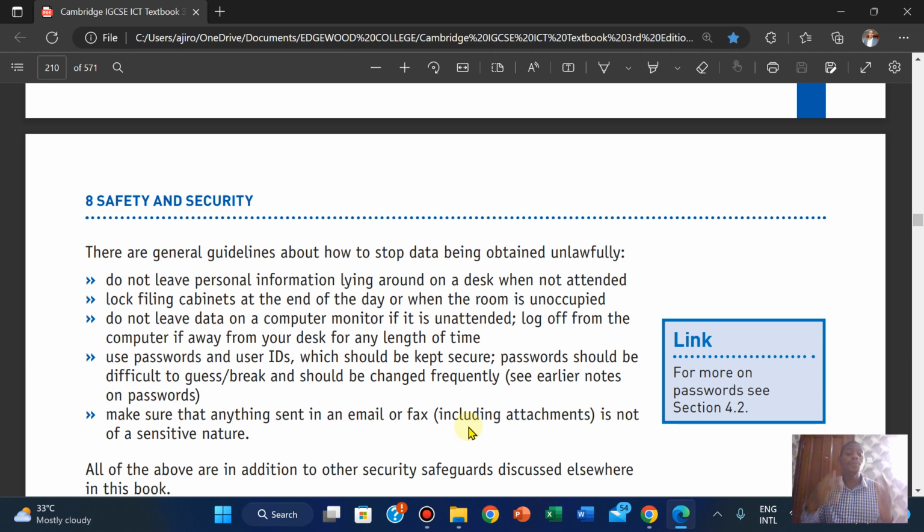In the hospital, please lock them, because those files contain personal, sensitive medical information about people who are coming to your hospital for a reason. They want to be assured that their medical information is safe. Do not leave data on a computer monitor if it is unattended.